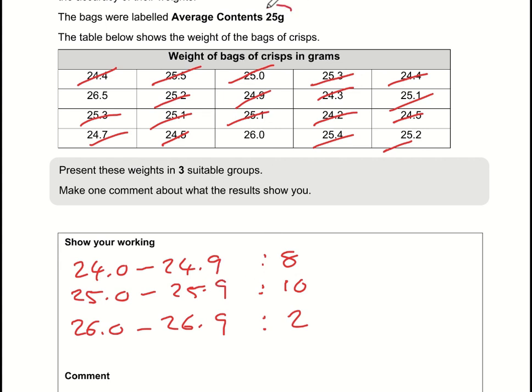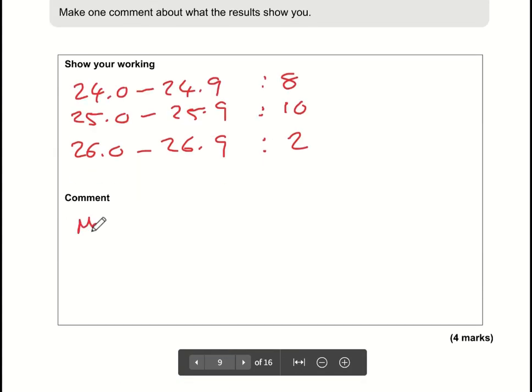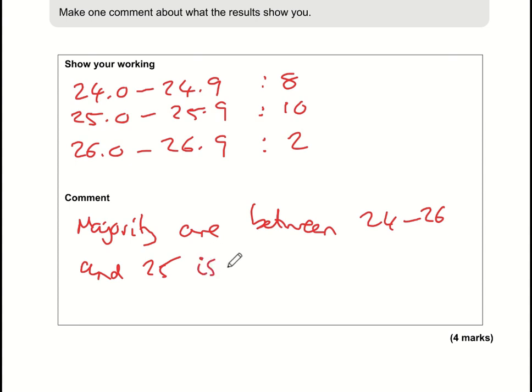It says here the average is 25. So my comment would be the majority are between 24 to 26, and 25 is, was it the mean or the median?